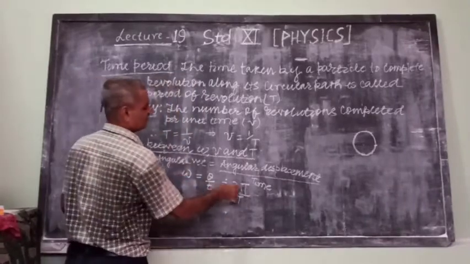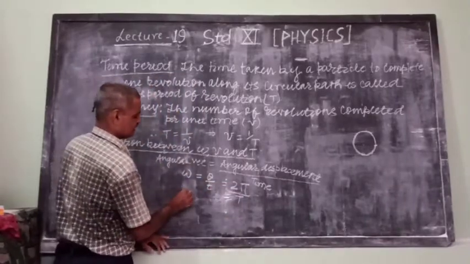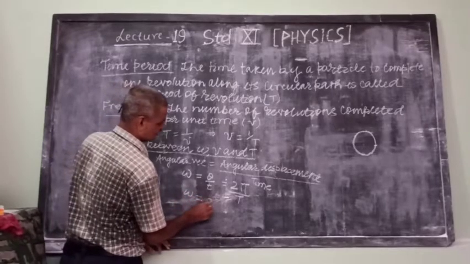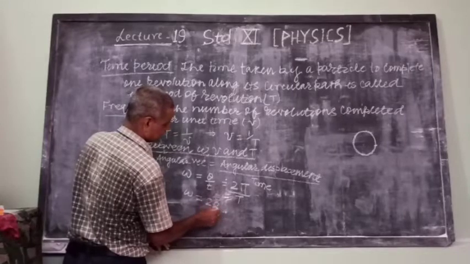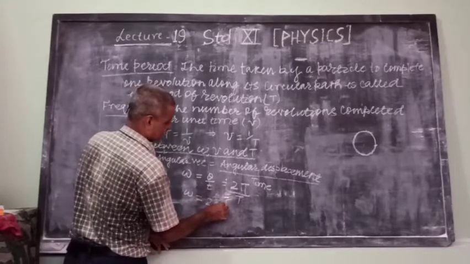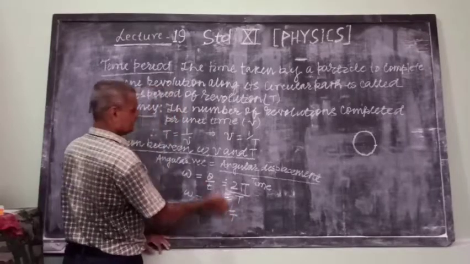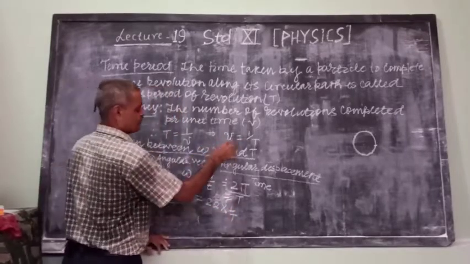So omega is equal to 2 pi by T, and this can also be written as 2 pi into 1 by T, and 1 by T is your frequency.